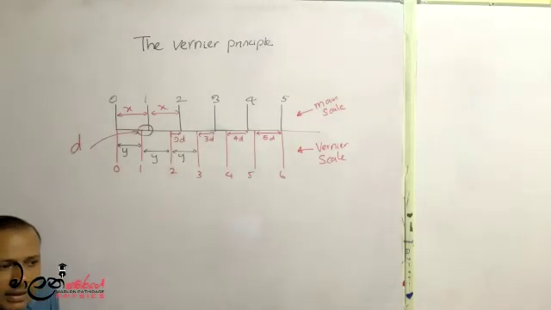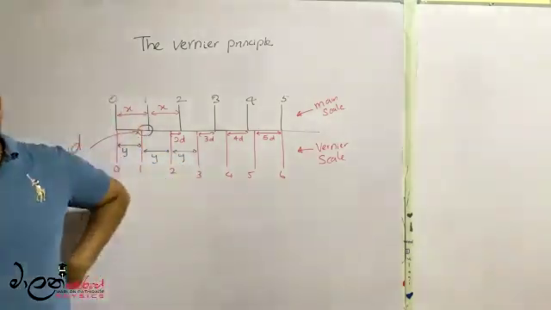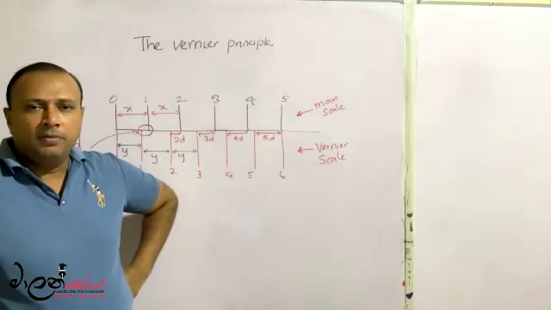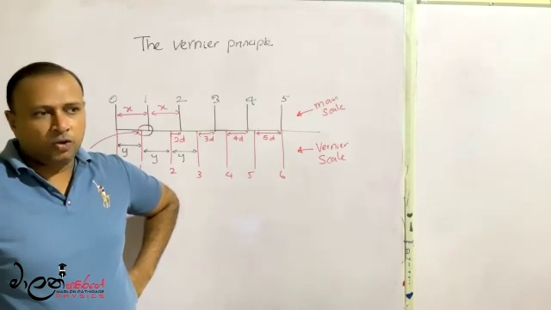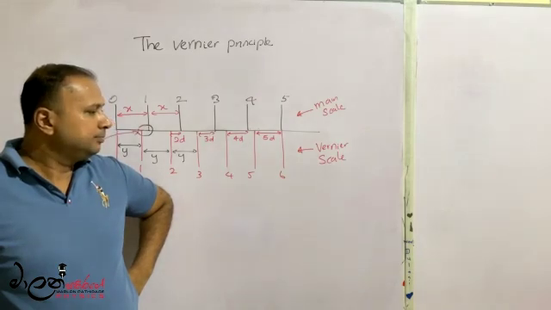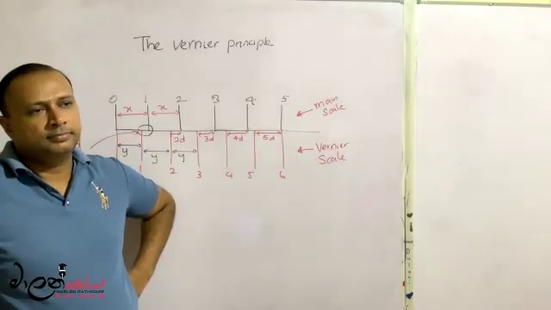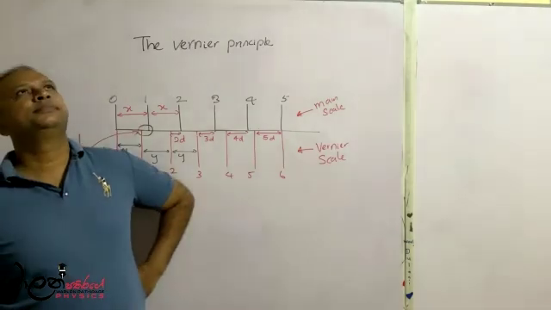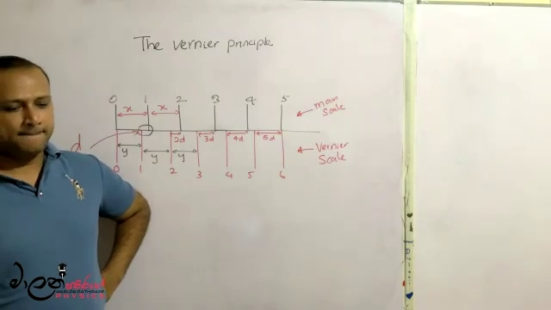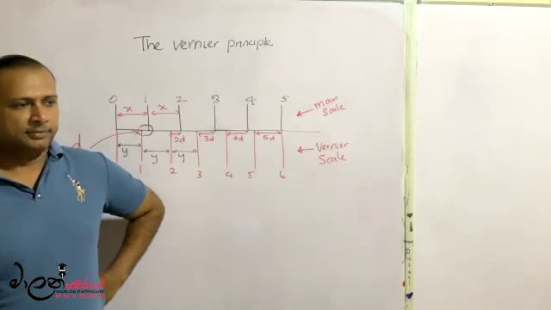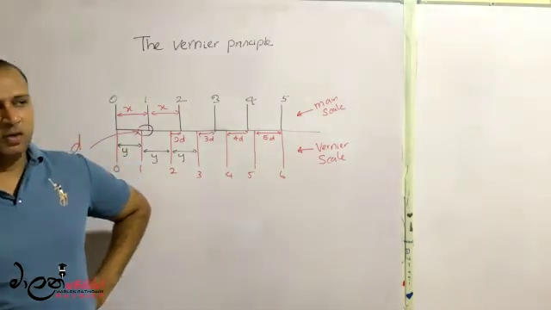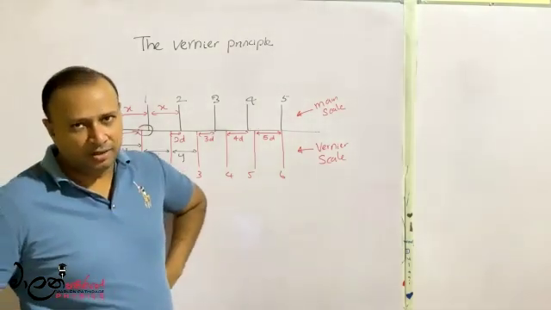Write it in the para. The least count of an instrument is the smallest gap that can be measured using the instrument.